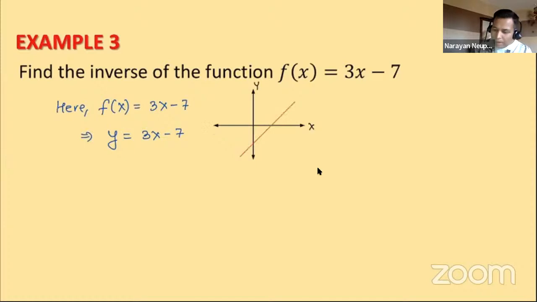This is the graph. Now, if we draw a horizontal line anywhere on this graph, you'll see that this horizontal line will cross the graph in only one point. Meaning of that is this function f of x is a one-to-one function.